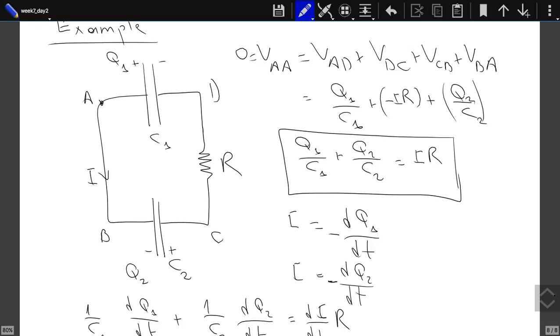And then we do the same thing as we go from C to B. We are going from the positive plate to the negative plate. So if Q2 is positive, then there is a potential drop. So that's why we have this Q2 over C2. And the sum of all these potential drops should be 0. So that is how we obtain this equation over here.